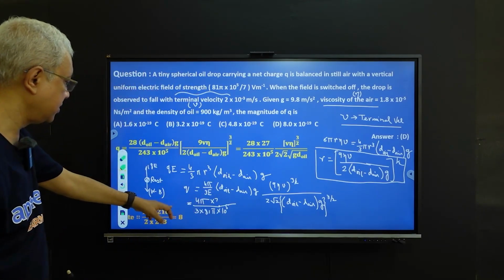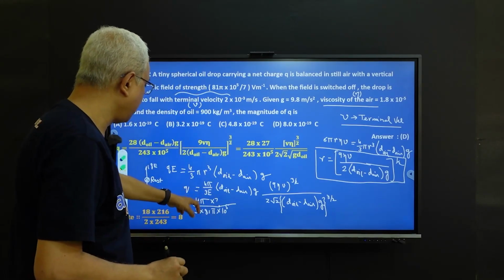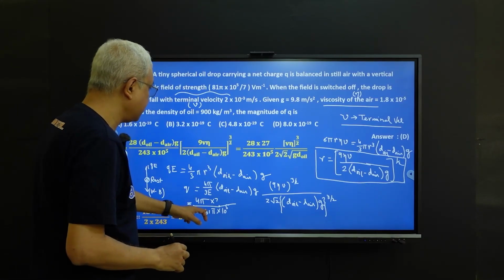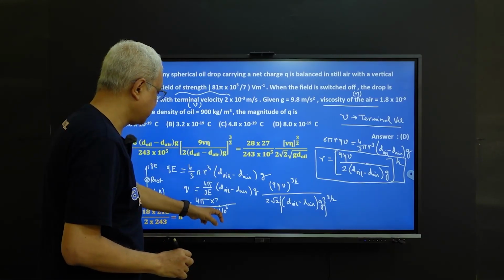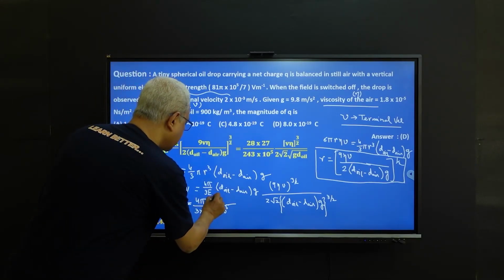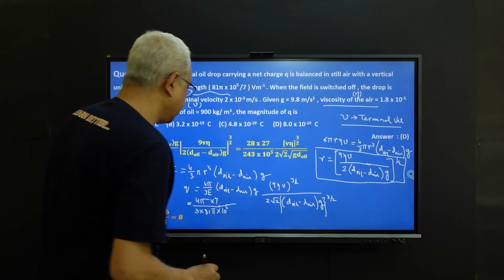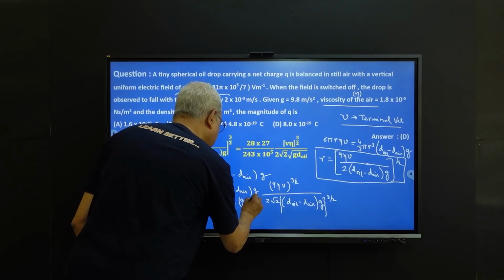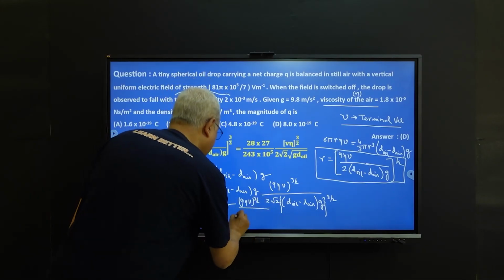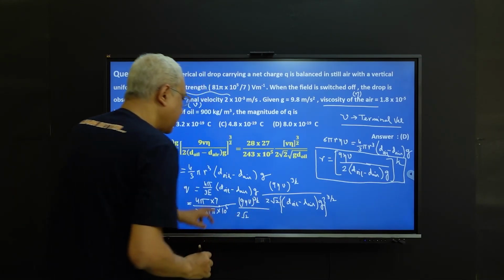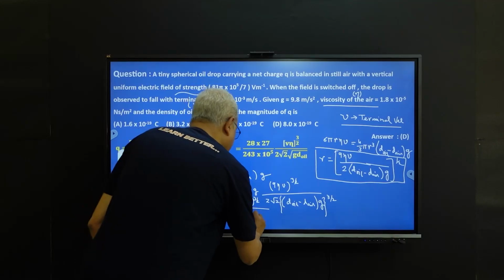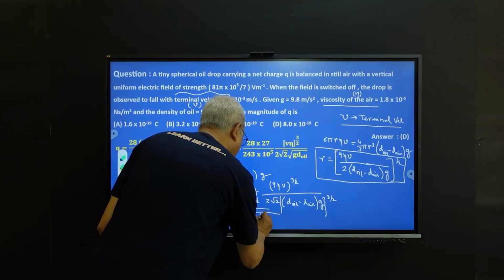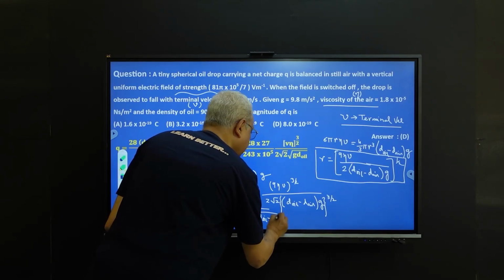So 4 pi by 3 into 81 pi 10 to the power 5 by 7, the 7 goes up, and then 9 eta v whole to the power 3 by 2, then 2 root 2, and the root of d oil minus d air into g.